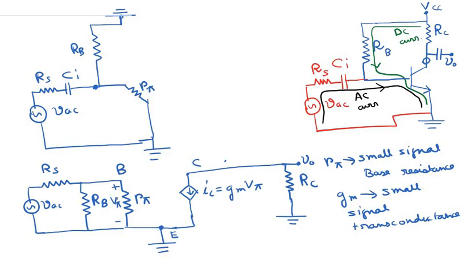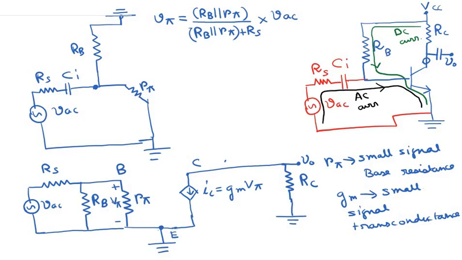So what is V pi? What is the voltage drop across this resistor R pi? From this model, V pi can simply be written as V pi equals RB parallel to R pi divided by RB parallel to R pi plus RS, into VAC.